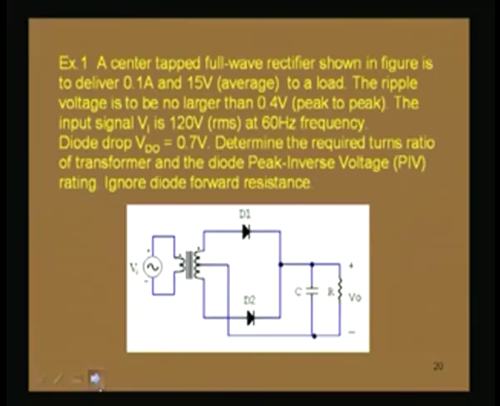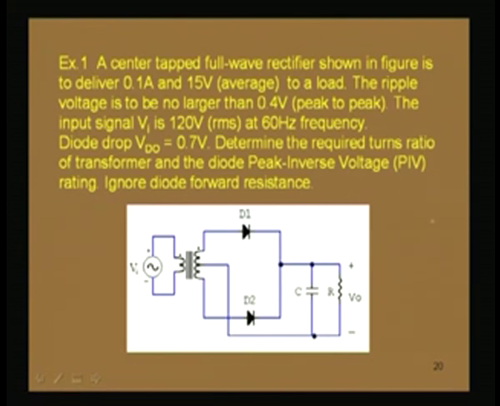Now, we can do one example. This example is a center tapped full wave rectifier. This circuit is a center tap transformer having 2 diodes. So, this is the full wave rectifier.